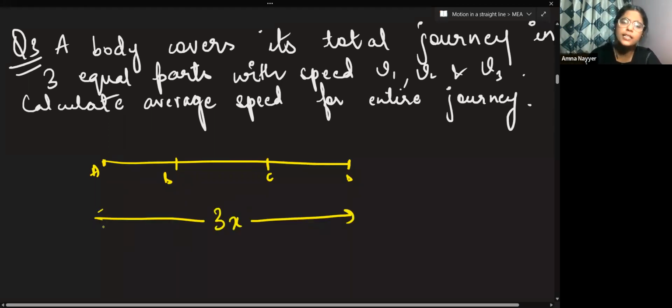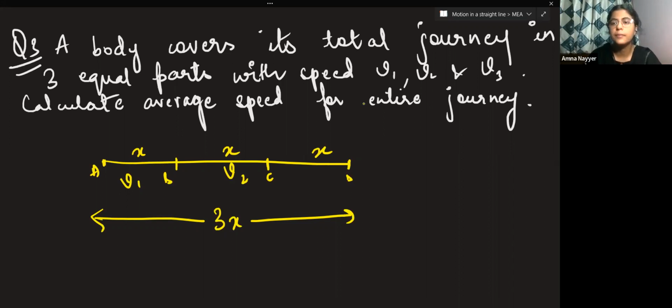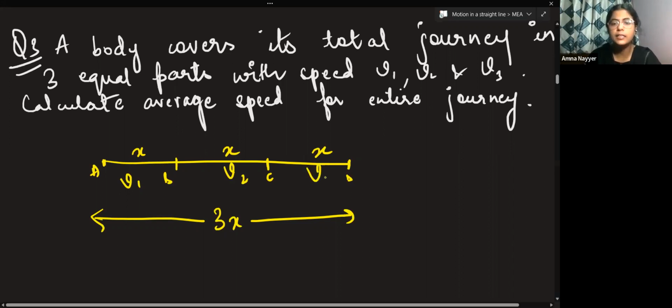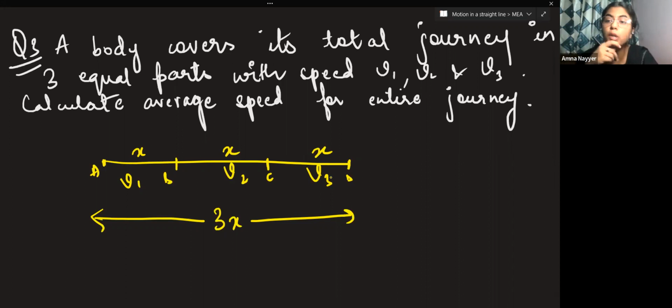You can take it as x also, so each part will become x by 3. Or you can take it as 3x so that each part becomes x. Fine. And it gives us the speeds v1, v2, and v3. Now, for calculation of average speed, we require the total distance.